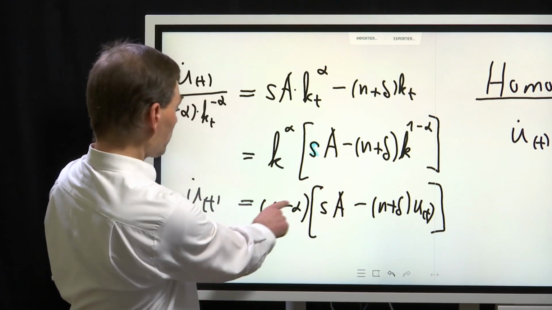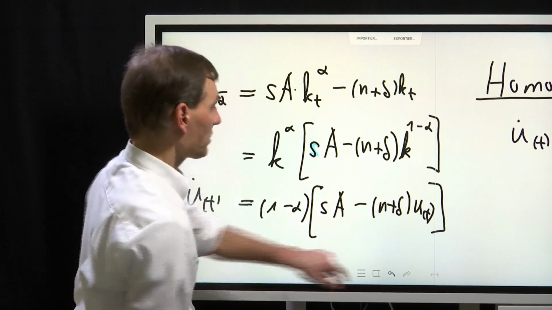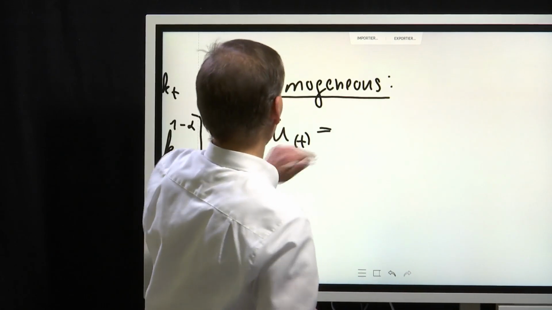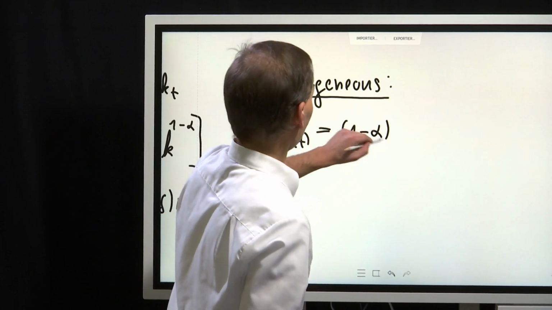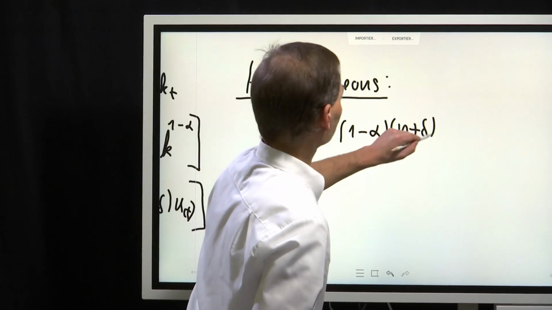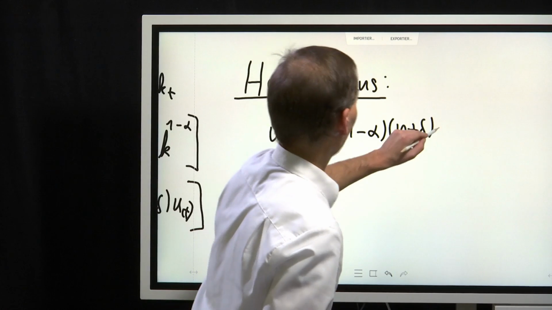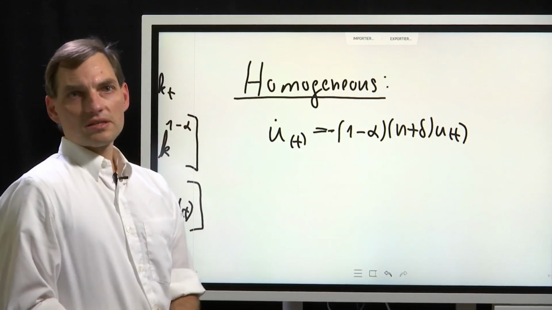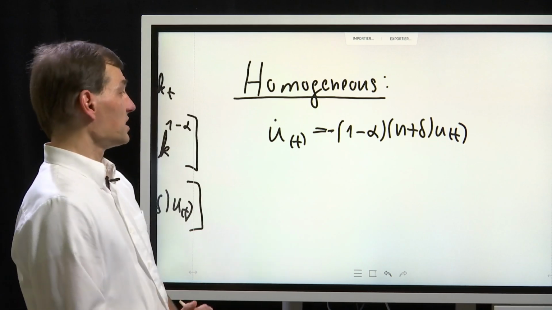So it's just u dot of t equals minus (1 minus alpha)(n plus delta) u(t). This is the homogeneous differential equation.